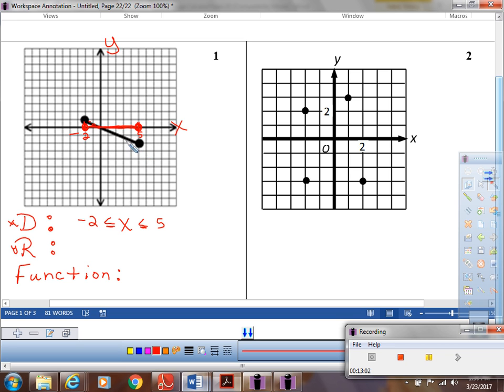Let's look at the lowest value to the highest value. So what's the least that it goes? Negative what? -2. What's the highest that it goes? 1, right? +1. So that's the least, that's the highest, but it's everything in between as well because of that line. All of those are points.